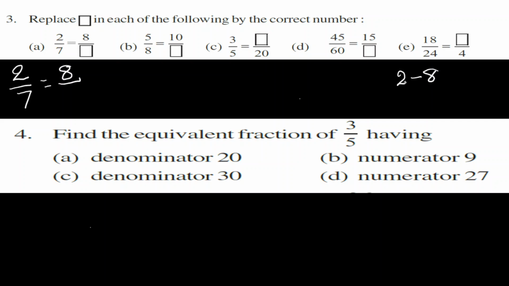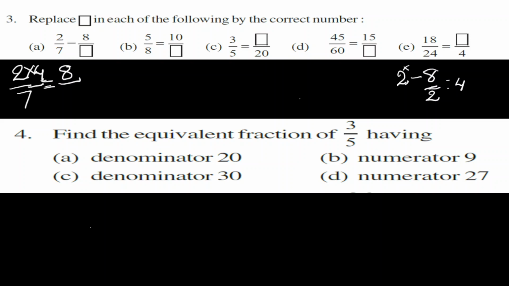Now to obtain this, with which number do we need to multiply 2 to become 8? We need to find that by dividing 8 by 2. Now we obtain 4. So we need to multiply this 2 with 4, then the number will become 8.